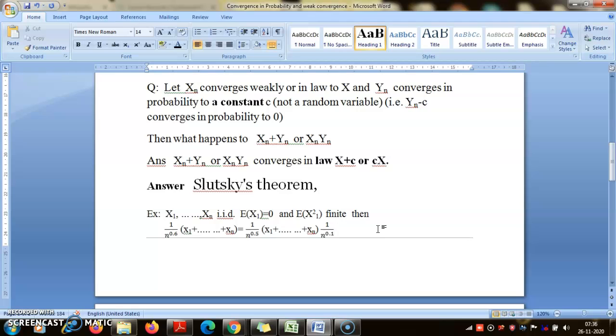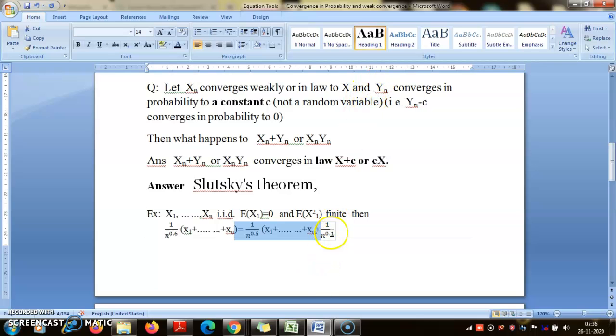This part we know: 1 by square root of n times X1 plus X2 plus up to Xn converges in law to the standard normal distribution. So you can think of this as Xn, converging in law to X, where X follows N(0,1).